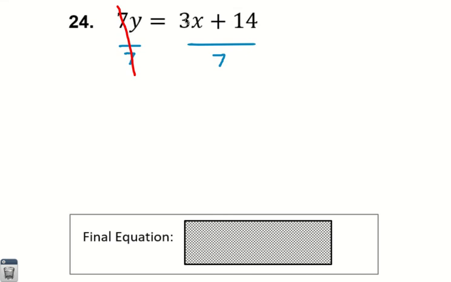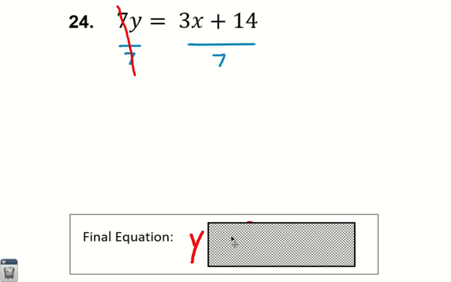So 3x divided by 7. Let's specifically do 3 divided by 7. The x is just going to be along for the ride. So can we do 3 divided by 7 cleanly? No. So it's going to be a fraction, 3/7. Can we at least reduce that fraction of 3/7?